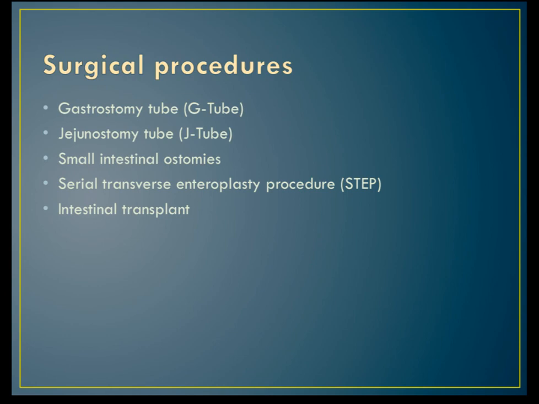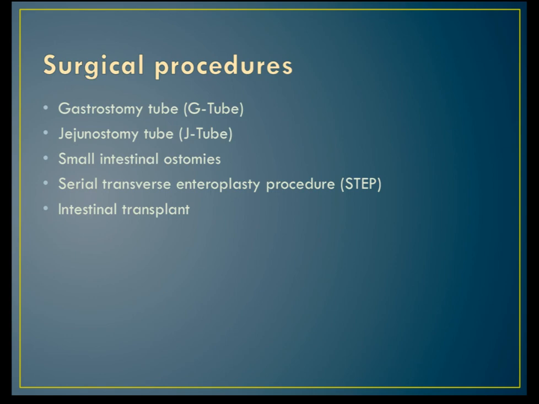We can also, more than likely, a lot of patients will have some type of ostomy bags for collecting the waste. And then the patient can have a serial transverse enteroplasty procedure, or STEP procedure, done, which I'll talk about more on the next slide, or they can have an intestinal transplant.